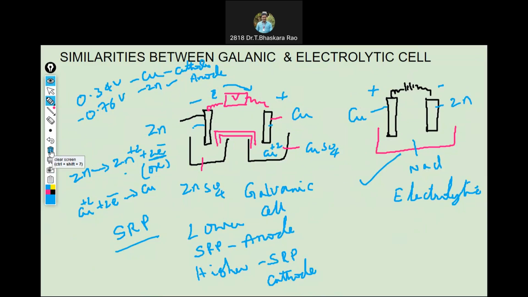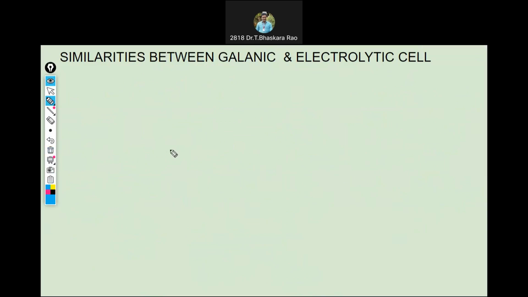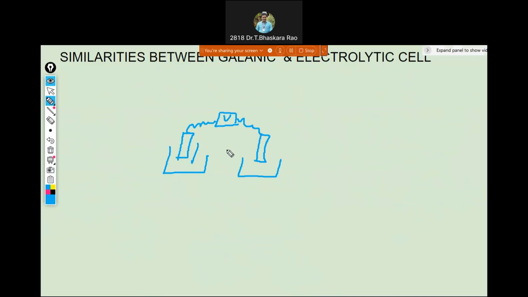One more important point I want to discuss with you here. For example, here I am connecting a voltmeter. I am taking zinc, and copper, with zinc sulfate as the electrolyte for zinc.